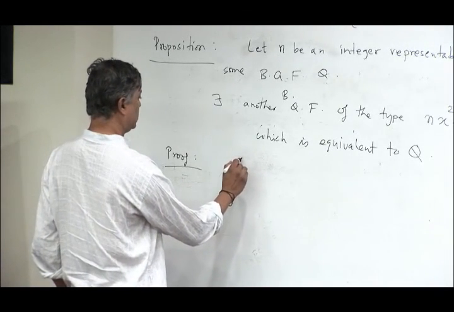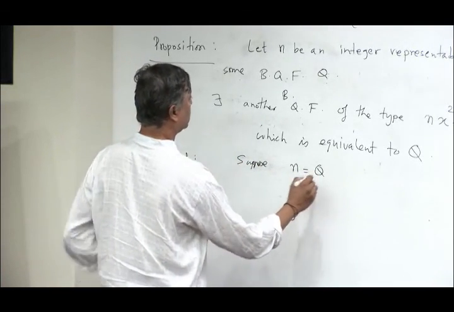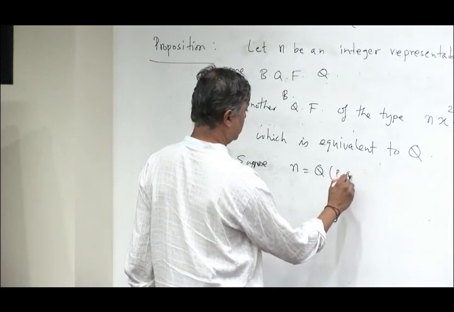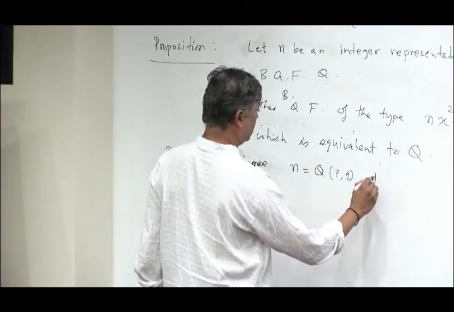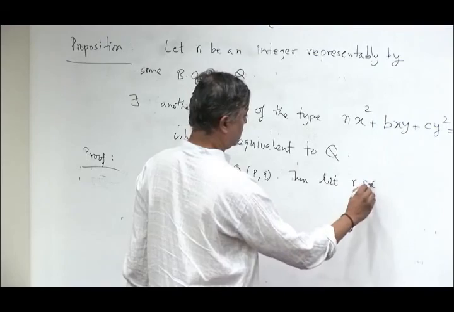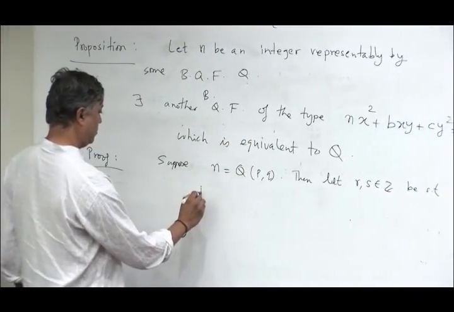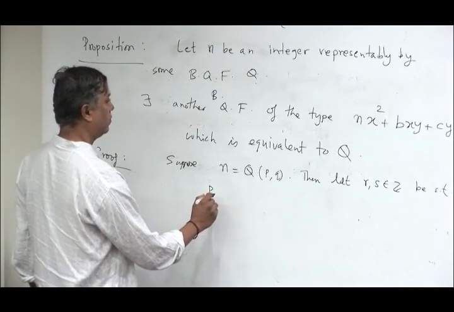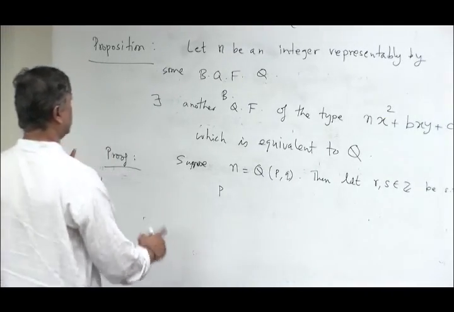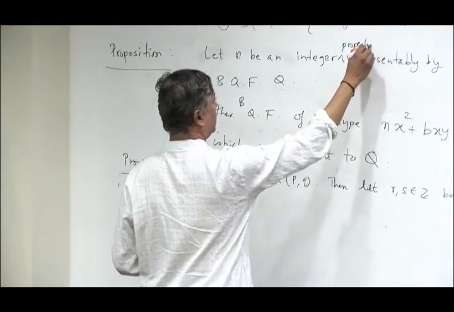Suppose n is equal to q(p, q). I am assuming that they are relatively prime, so I guess I didn't say that. So let n be an integer properly representable by some binary quadratic form q.